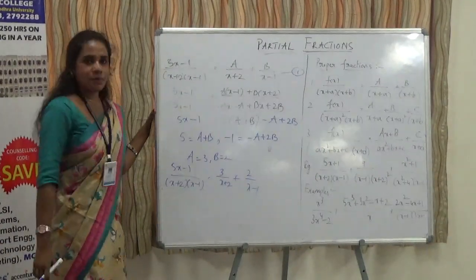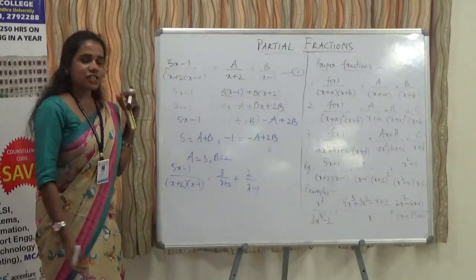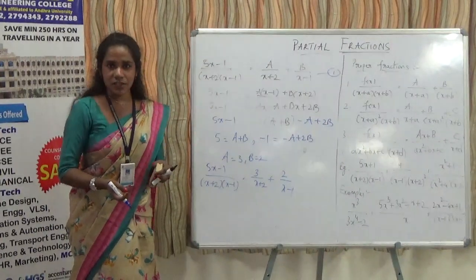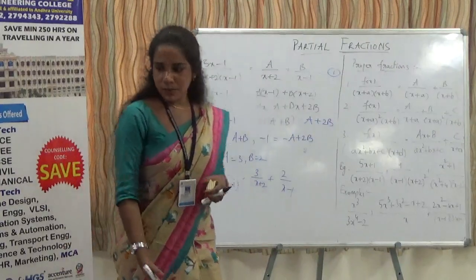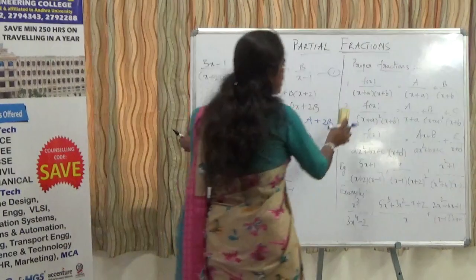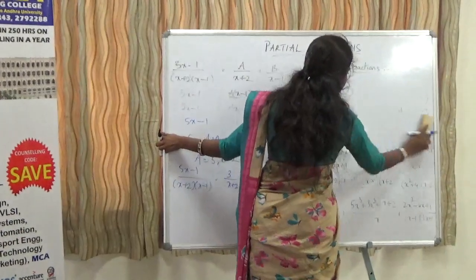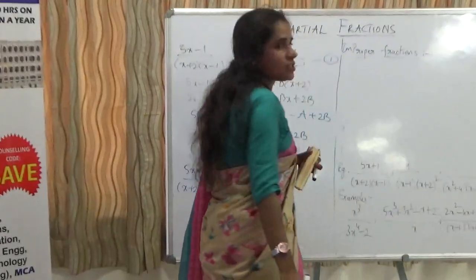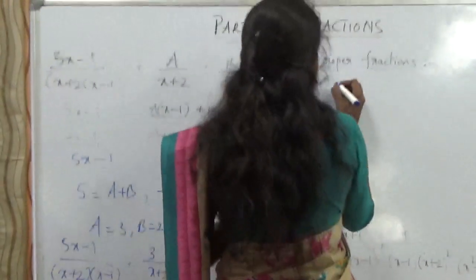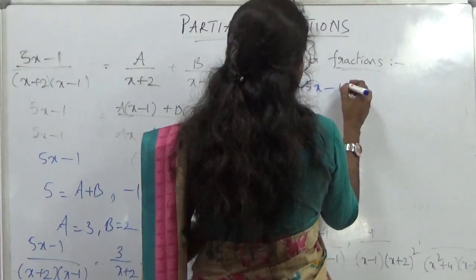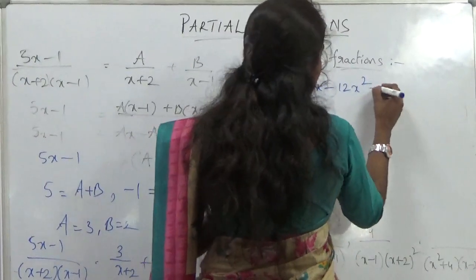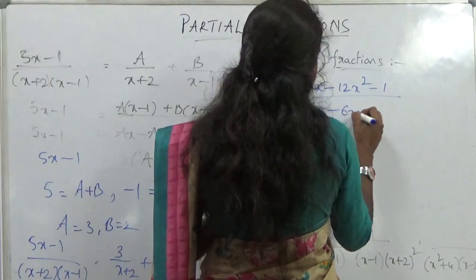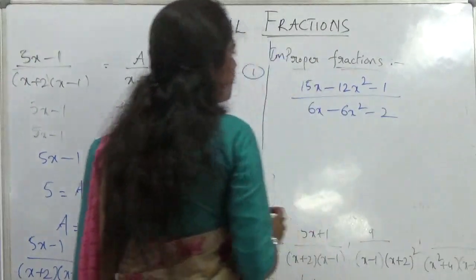Next coming to improper rational fraction. Improper rational fraction means first we have to convert into proper rational fraction. For example, we have an improper rational fraction, that is (15x minus 12x square minus 1) by (6x minus 6x square minus 2).